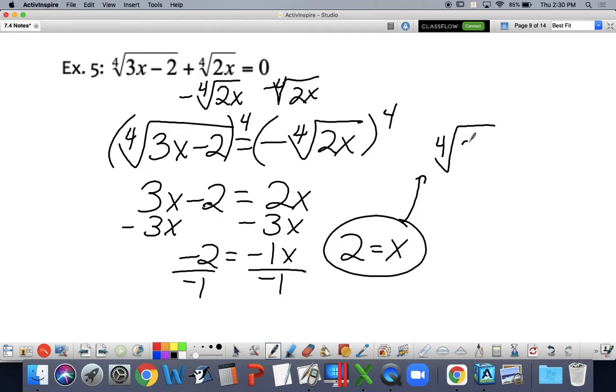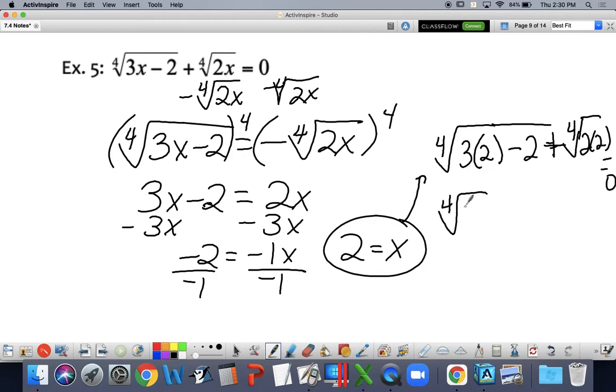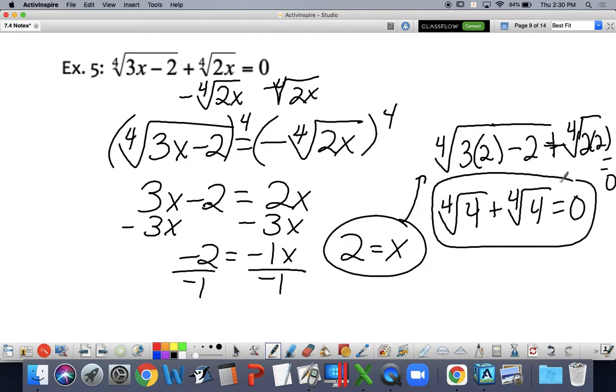I get the fourth root of 3 times 2 minus 2 plus the fourth root of 2 times 2 equals 0. So I get the fourth root of 4 plus the fourth root of 4 equals 0. Now I don't know what the fourth root of 4 is, right? It's some decimal number.